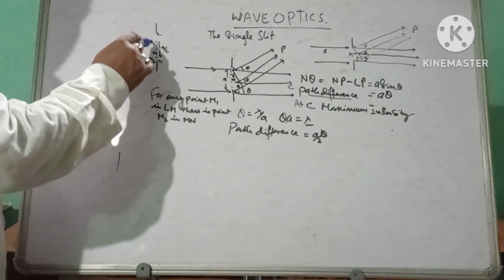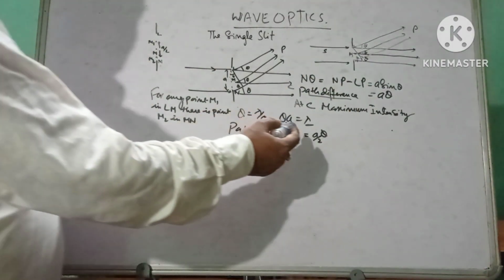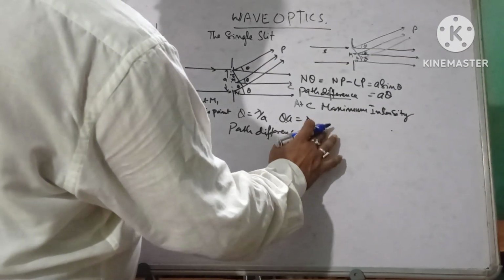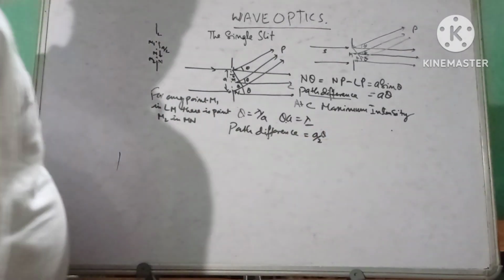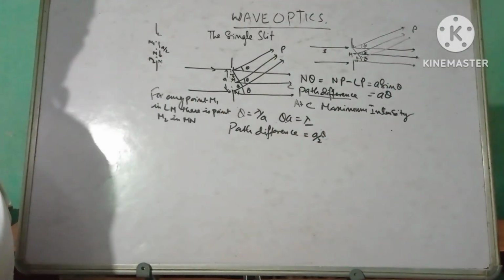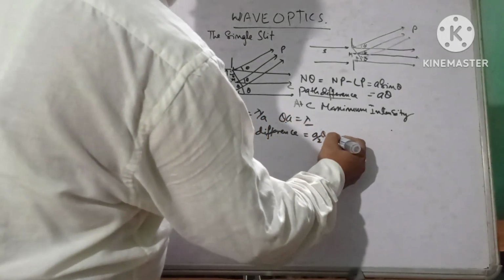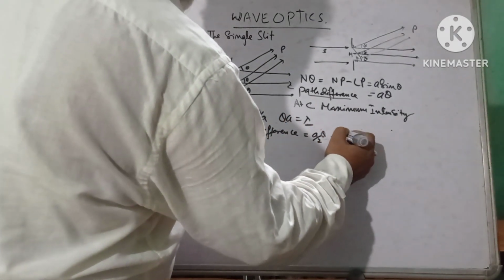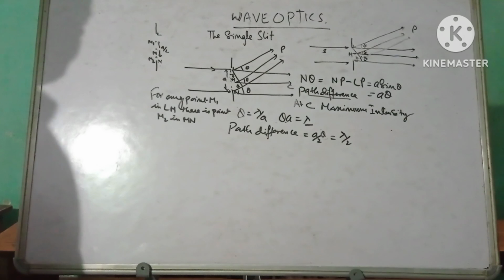Now what is a theta? You have considered a theta is lambda, so (a by 2) theta is lambda by 2.